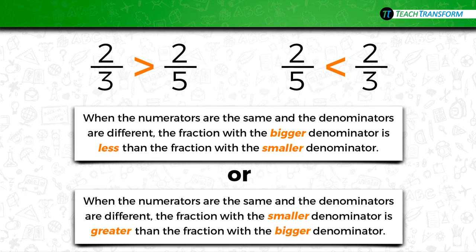The other way to write it is when the numerators are the same and the denominators are different, the fraction with the smaller denominator is greater than the fraction with the bigger denominator. Now those words can be kind of confusing. So if it is confusing to you guys, stop the video and discuss it. That's perfectly fine. In order to know if you have it written correctly, you have to have all the words in the same order for each one. So in the top one, bigger, less, and smaller, and then the bottom example, smaller, greater, and bigger.